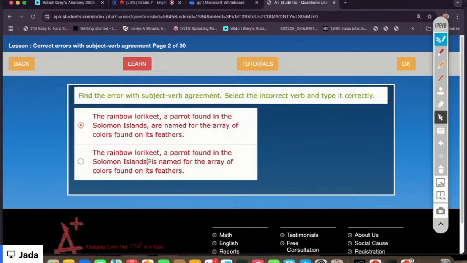The rainbow lorikeet, a parrot found in the Solomon Island, is named for the array of colors found on its feather. So what do you think is the right verb agreement here?